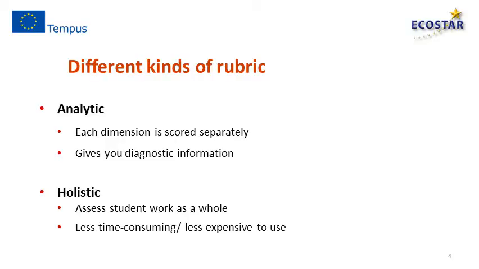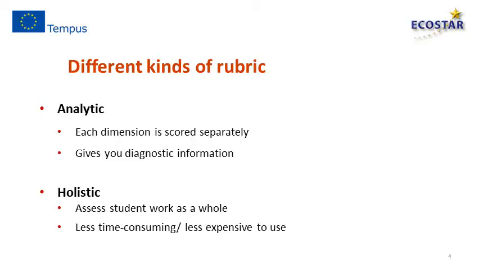These are the different kinds of rubric: an analytic rubric and a holistic rubric. With analytic rubrics, you have a number of dimensions, and you score them separately. This allows you to get and to give the student diagnostic information.